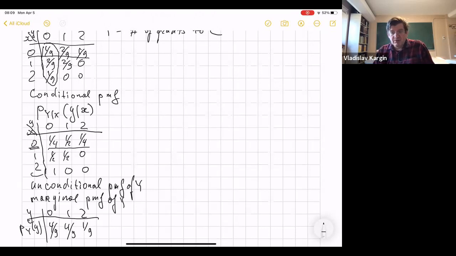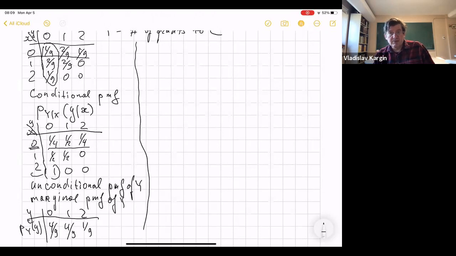This is an extreme example, where you know the value is 0. But in general, you see that knowledge of X gives you some information about Y. So this is dependence.